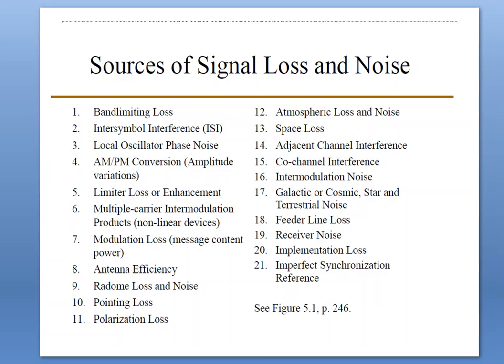AM to PM conversion is a phase noise phenomenon occurring in nonlinear devices such as traveling wave tubes, where signal amplitude fluctuations, which in the field we call amplitude modulation, produce phase variations that contribute phase noise to signals that will be coherently detected.